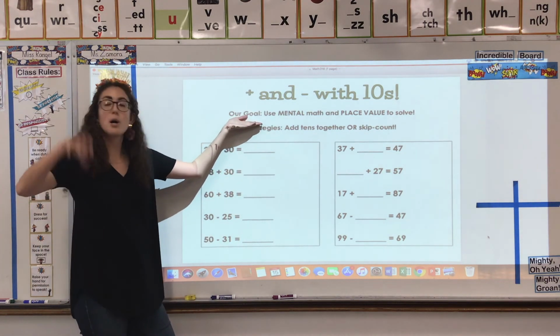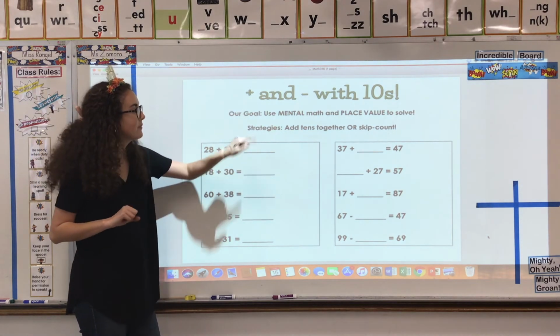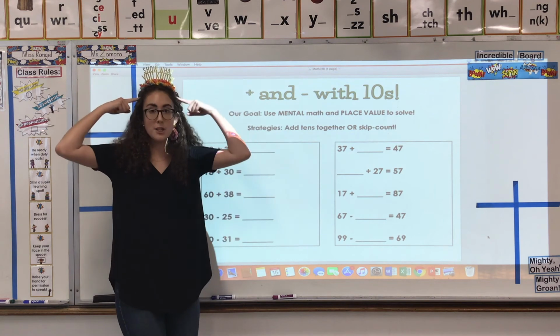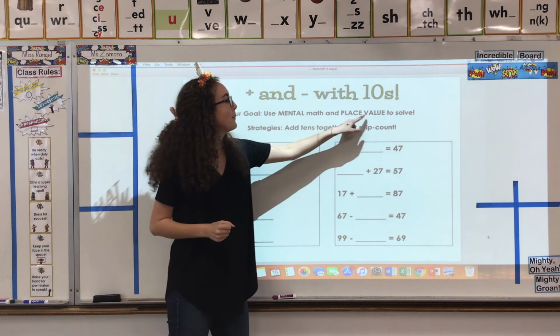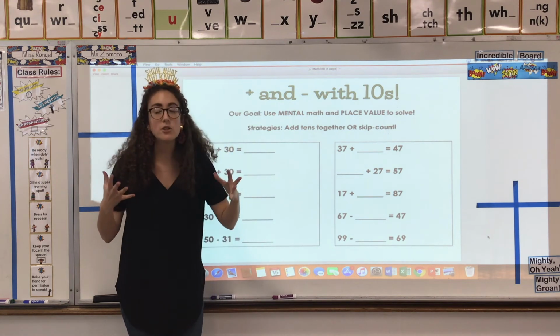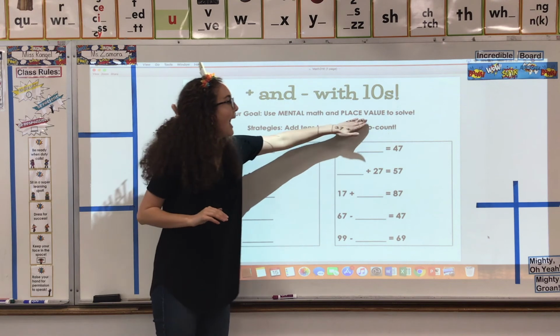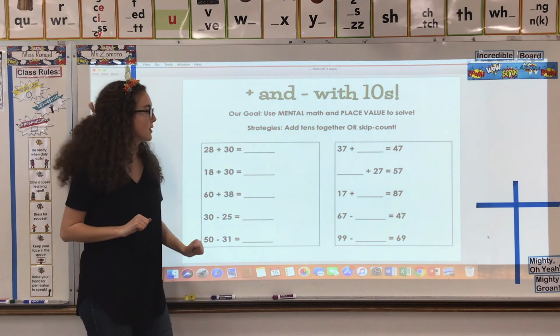So my friends, our goal, that means everybody's goal, what they're trying to strive for, is to use mental math and place value to solve. So you're really trying hard to do these awesome skills in your head and use your place value knowledge.